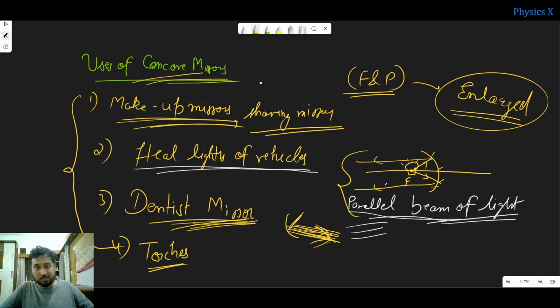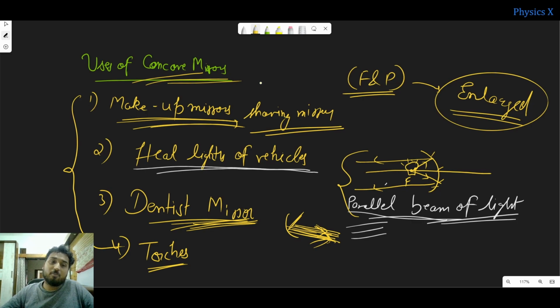In the next lecture, we will be learning about the convex mirror. Only two cases for ray diagrams are there. We will be seeing the ray diagrams for convex mirror, and the uses of convex mirror. We will also learn the formulas required to determine the position of the image, the size of the image, and the nature of the image.